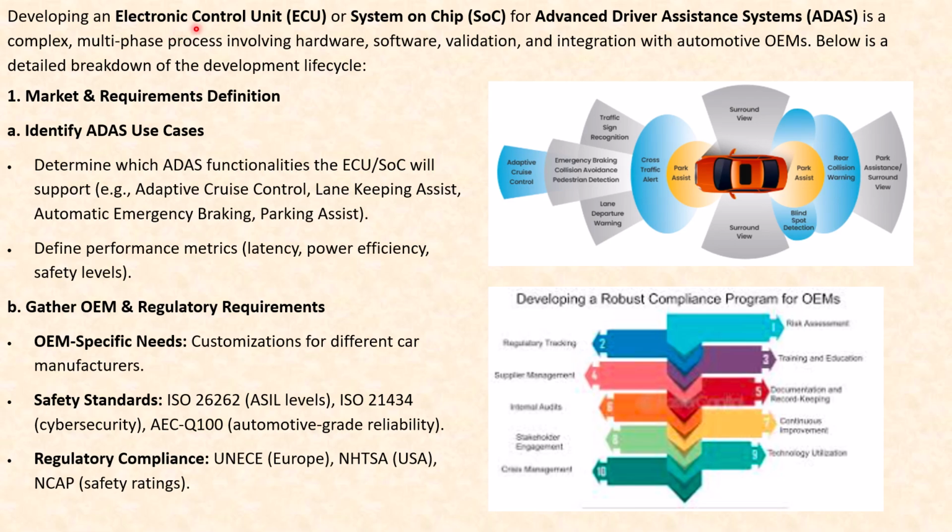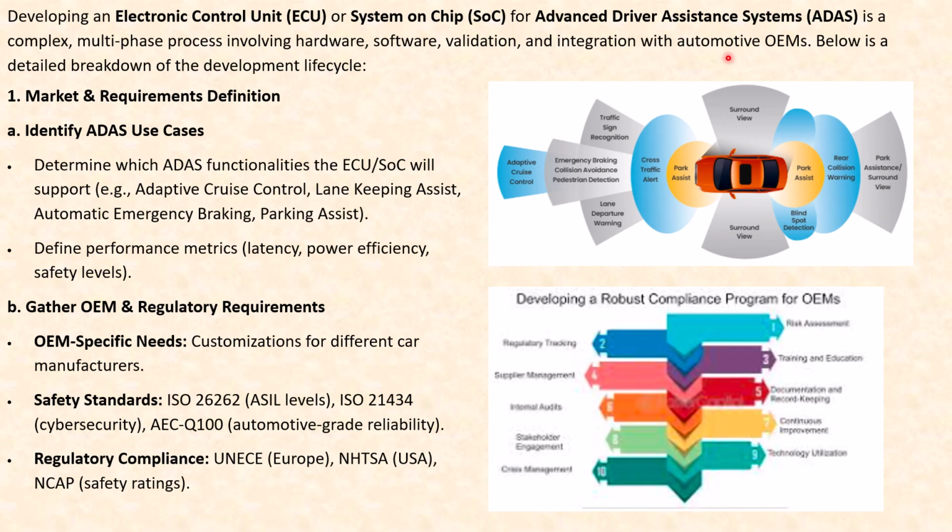Now, developing an electronic control unit or system on chip for advanced driver assistance is a complex multi-phase process involving hardware, software, validation and integration with automotive OEMs. So, I hope you understand that developing an electronic control unit is not just the role of the tier 1 or tier 2. It requires extensive collaboration with automotive OEMs.